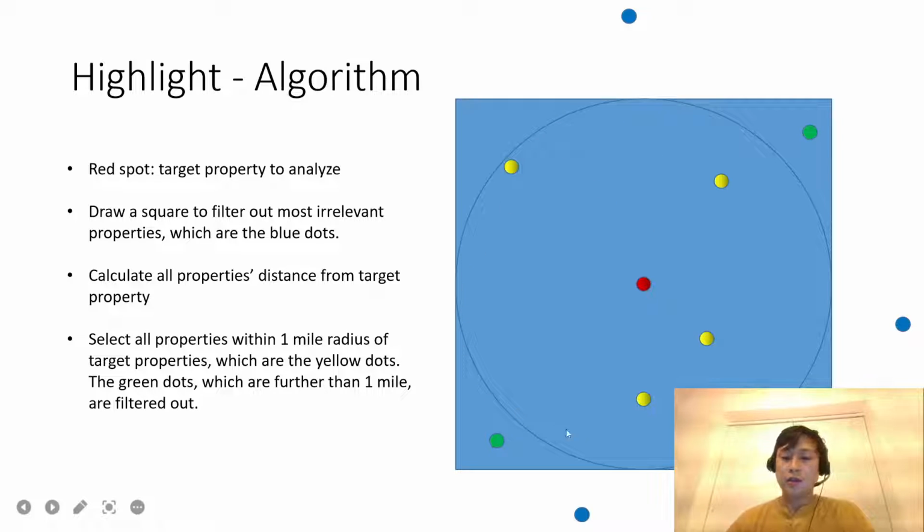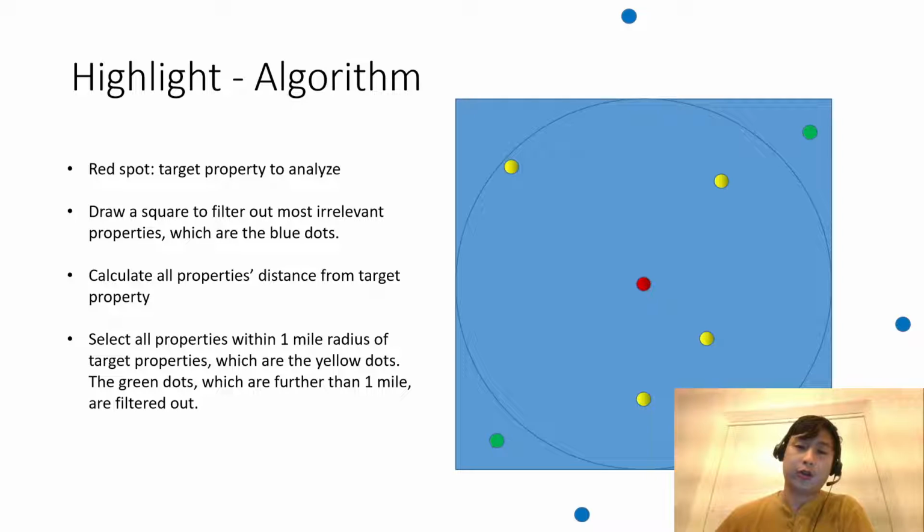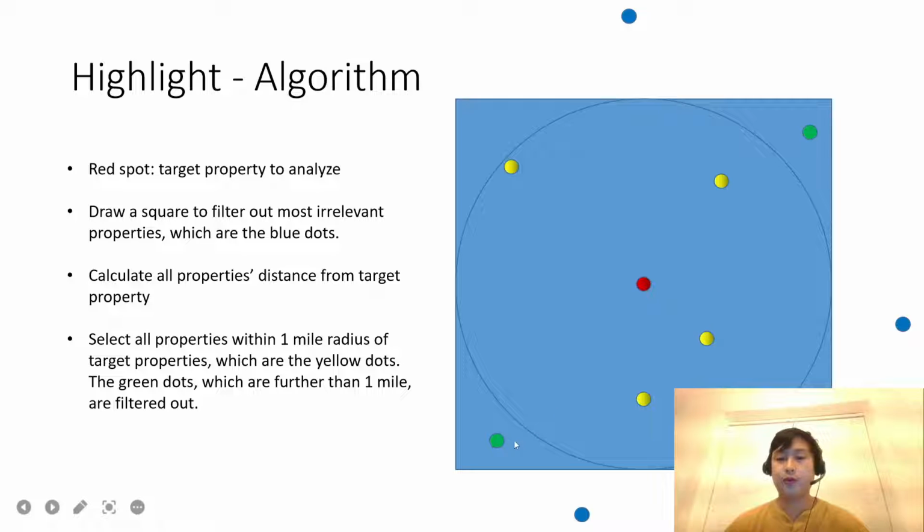So the formula for drawing a circle on Earth is a lot more complicated because I need to calculate the distance between any 2 points and the target property. And you calculate the distance between these two to see which one is greater than 1 and filter out all of those, which is too much calculation.